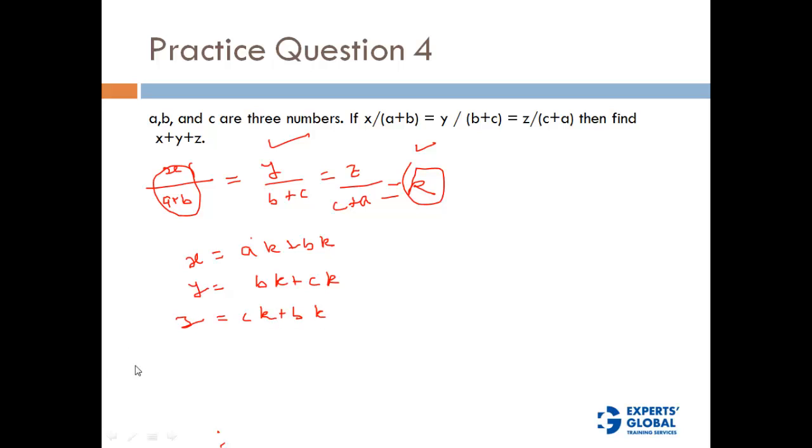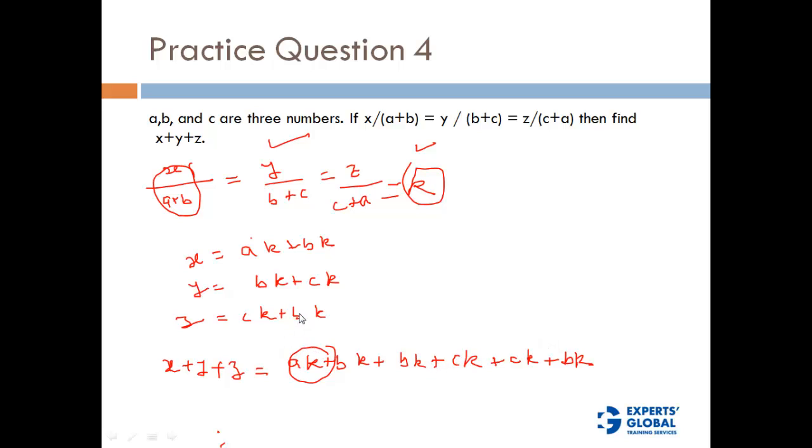right? So now I'm asked to find out x plus y plus z, which is ak plus bk plus bk plus ck plus ck plus ak, right? So you will see that ak is coming twice.